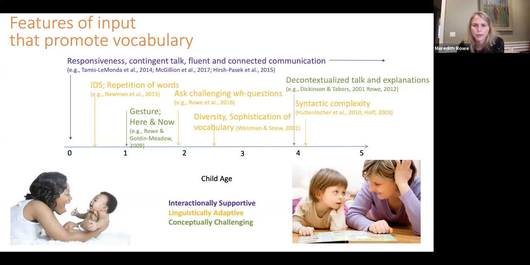I will say that much of what I talked about today is really based on Western culture. It's based primarily on monolingual children, but not exclusively. A lot of these things also hold with bilingual children, but we can talk about that a little bit more. We wouldn't say that this is all universal. For example, there could be cultures where WH questions aren't as prevalent, and since they're not so prevalent, they might not be so helpful.